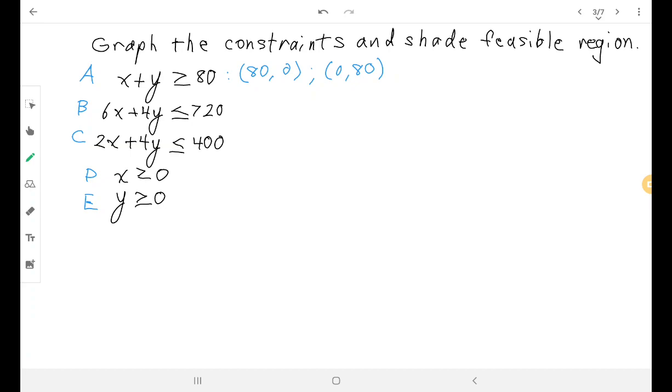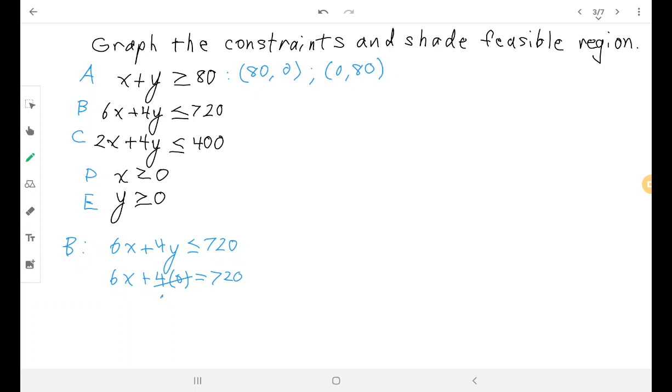All right? So for inequality B, constraint B, whatever you want to call it, let's do that again. I've got 6x plus 4y is less than or equal to 720. Let's get the x-intercept. That'll be the x value when y equals 0, and we'll use an equals instead.